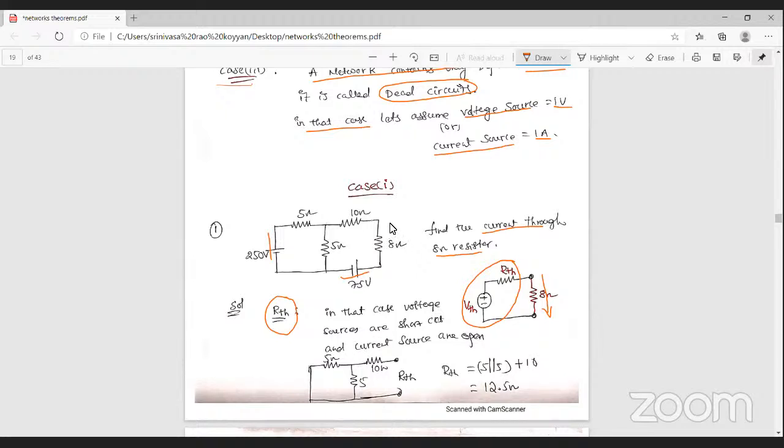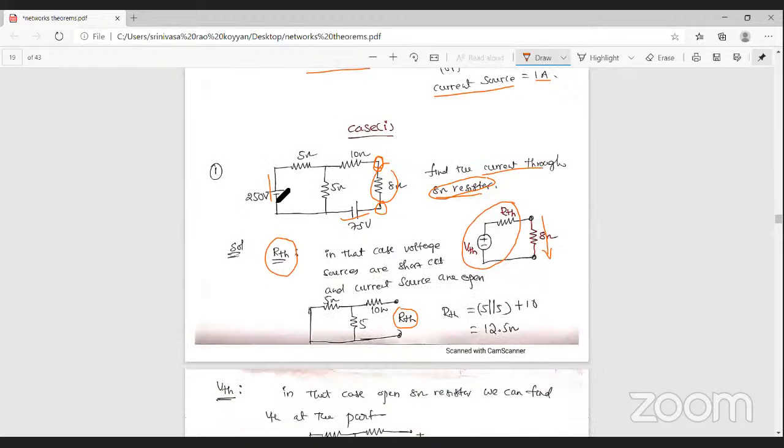To find the Thevenin's resistance, we look across these two terminals. Why? Because the question asks for the current passing through the 8 ohm resistance, so we find the Thevenin's resistance across these two terminals only. The voltage sources are short circuited.